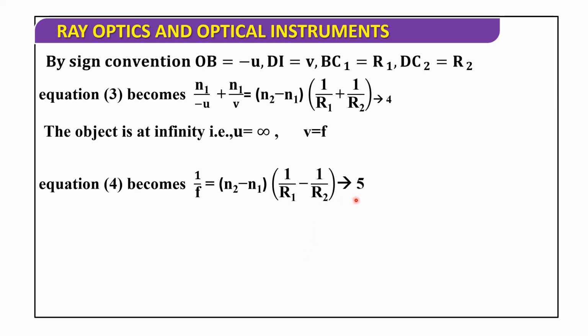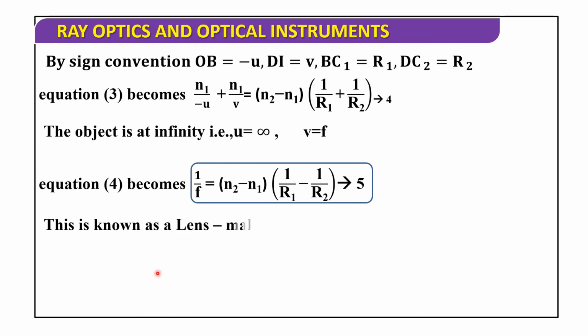This is equation number 5. This is known as the lens maker's formula.